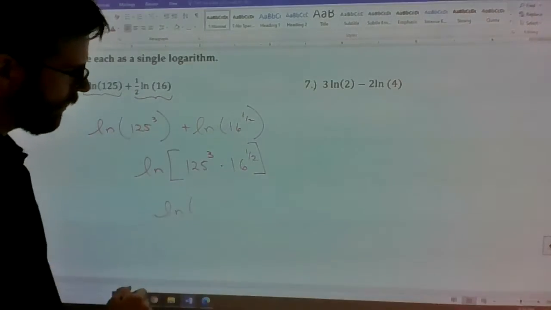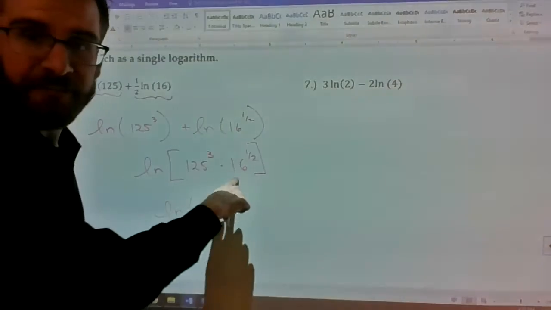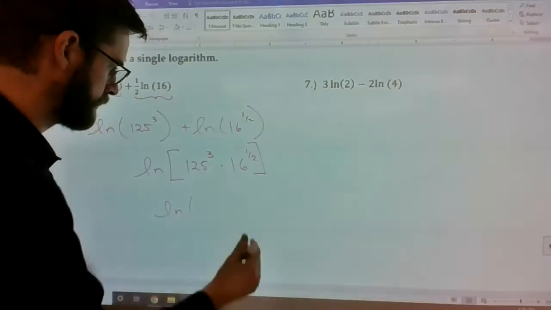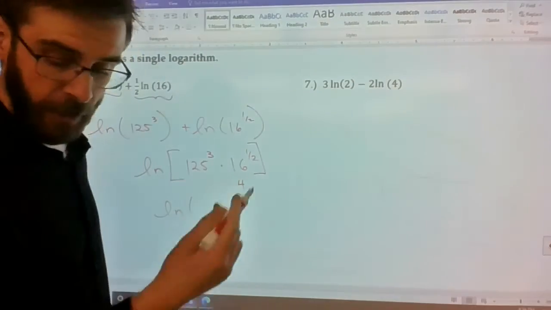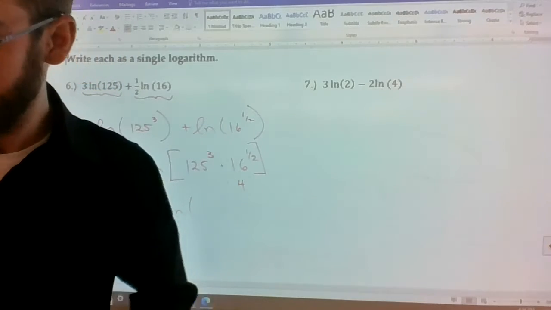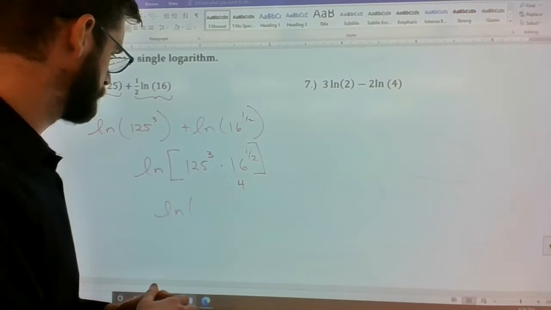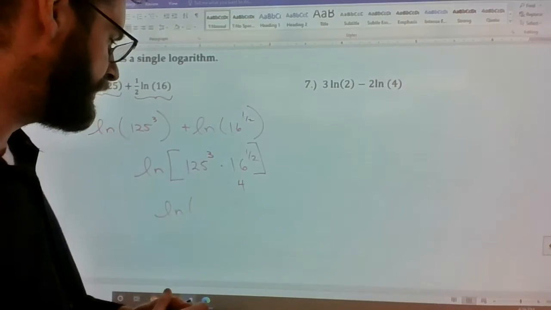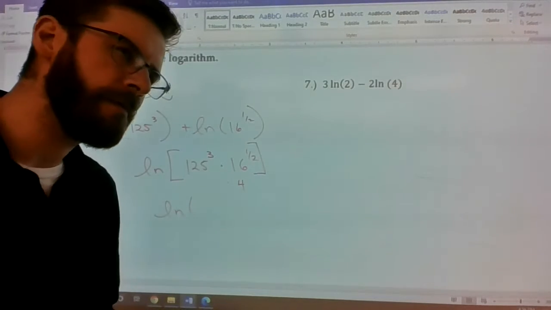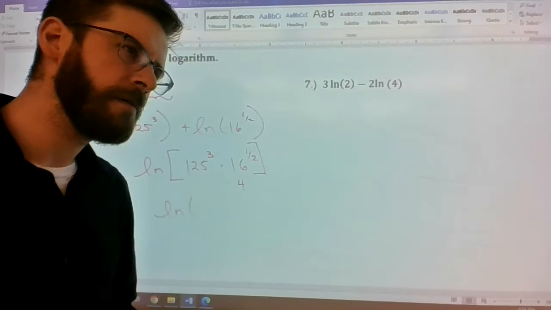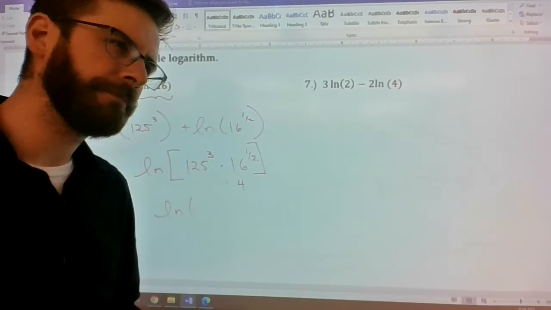Wow, okay. So 16 to the 1/2 is the same as root 16, that's 4. 125 cubed, that's a big number. Am I missing something here? I probably am.